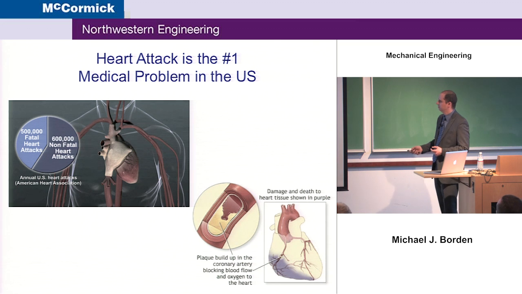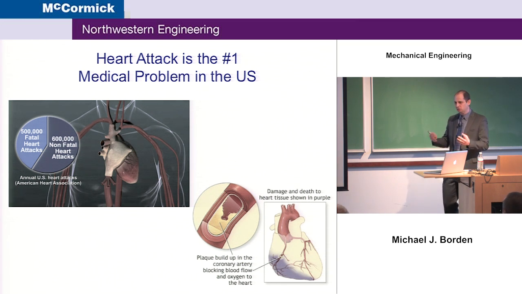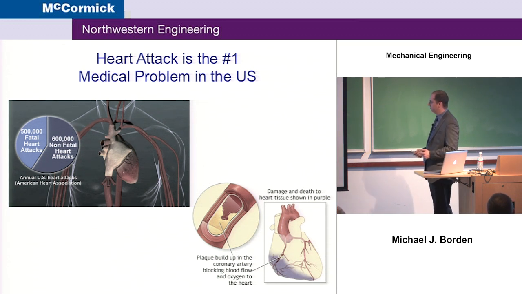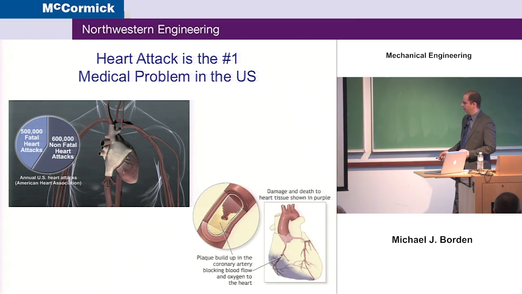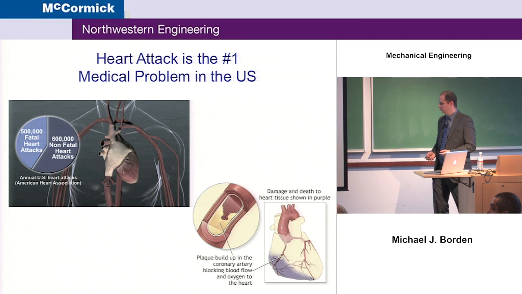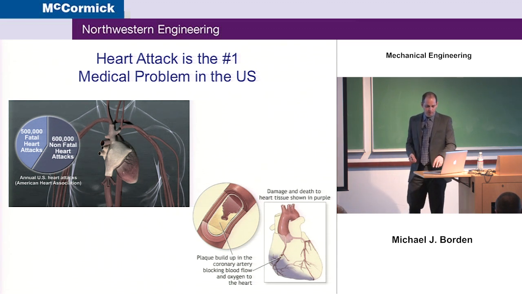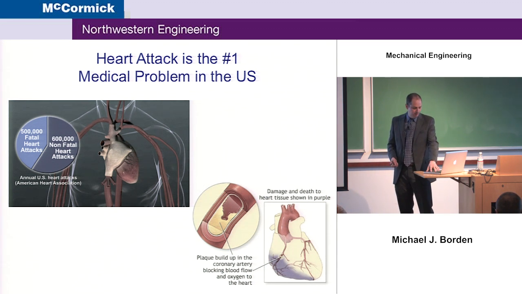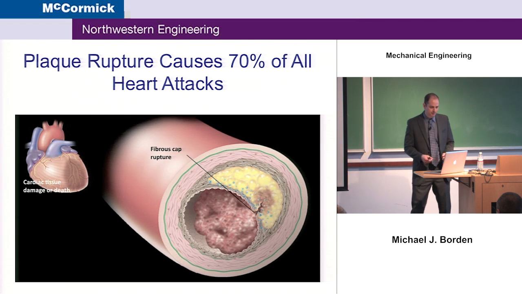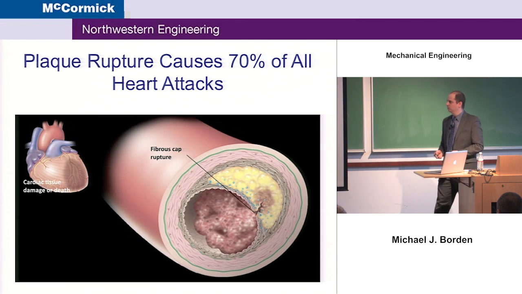Another 600,000 have non-fatal heart attacks, with the associated medical costs and the degradation of quality of life. These heart attacks are caused by plaque buildup in the coronary arteries, which then block blood flow and oxygen to the heart, and then it causes damage and death of the heart tissue. And 70% of these heart attacks are caused by a rupture of plaque.